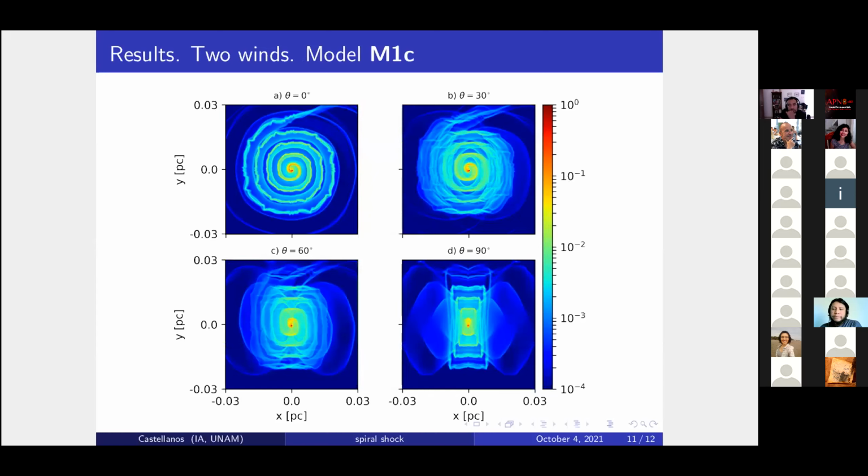All right, very good. If there are no other questions. No, there is one question. Jesus Toalá, if I'm pronouncing that correctly. Yeah. Hello. So these instabilities are only for when you have winds from the two stars, right? When you have only one star with the wind, you have this smooth Archimedean spiral, right?